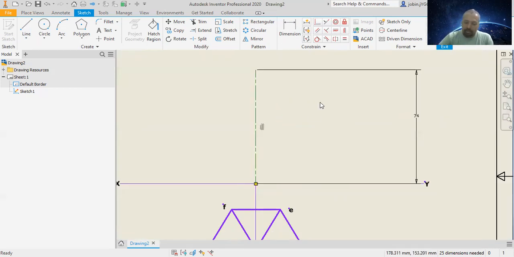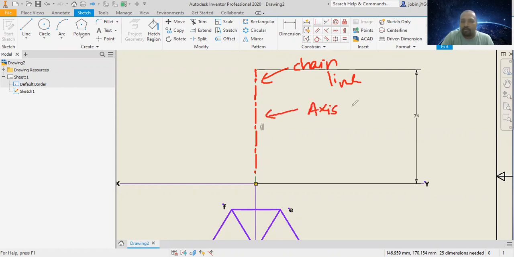Every time you draw the axis line, it will be like this. This is called a chain line. This is very, very important. So you can see a line, then a smaller line, then a bigger line, then a smaller line, and so on.